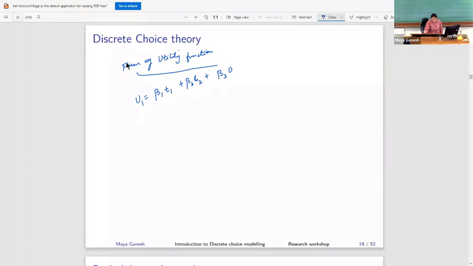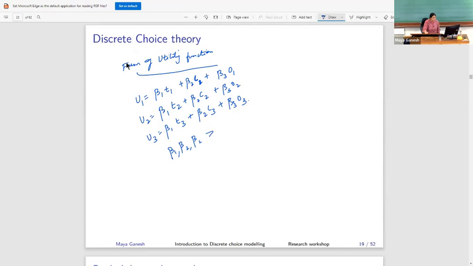And then U2 would be beta 1 T2 plus beta 2 C2 plus beta 3 O2. So these beta 1, beta 2, and beta 3 are the parameters, the taste parameters.